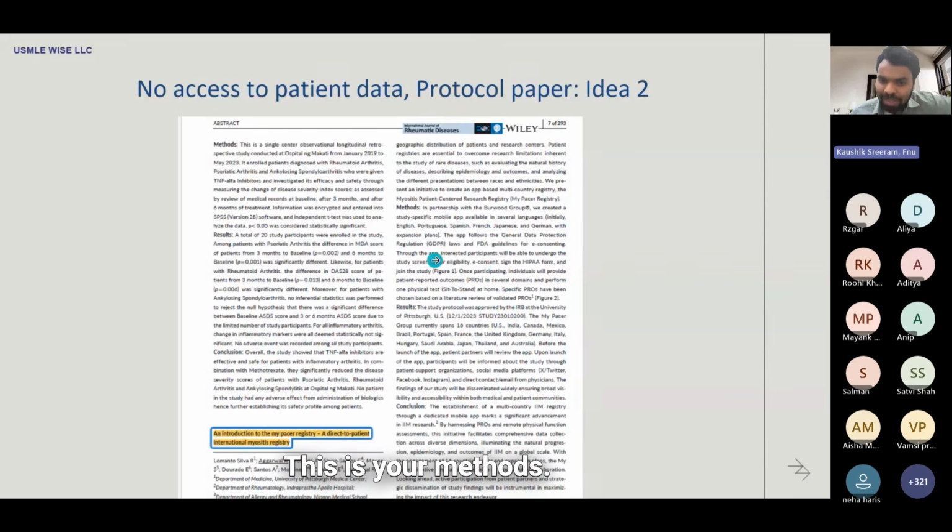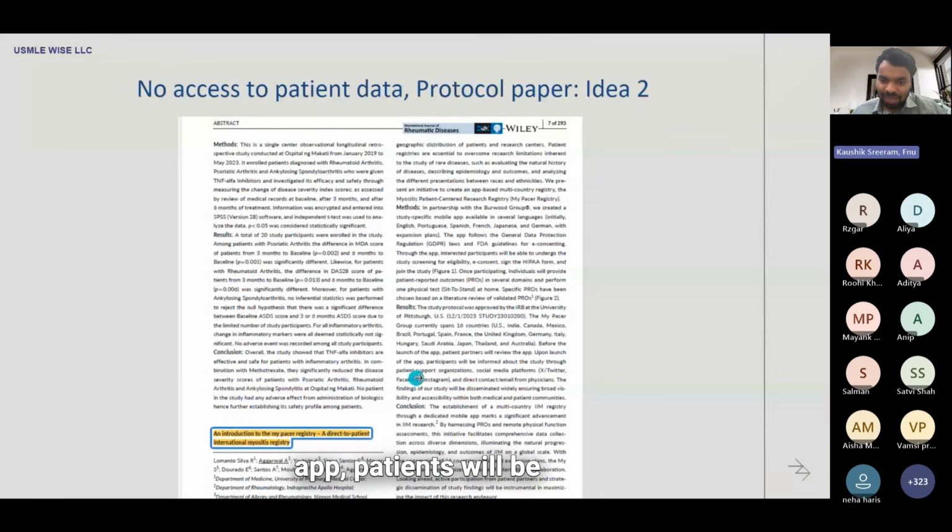This is your methods. Now look at the result. It has told what we are going to do. And in the result, the study protocol was approved by IRB at Pitt. The MyPacer group currently spans 16 countries. Before the launch of the app, patient partners will review the app.